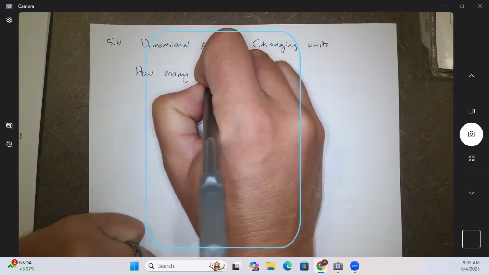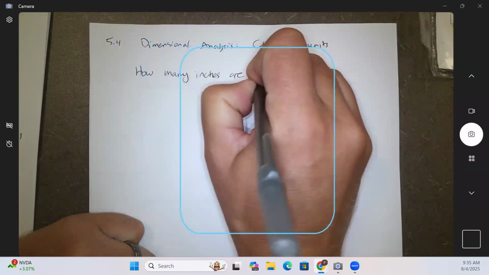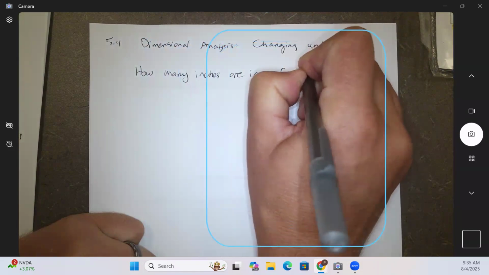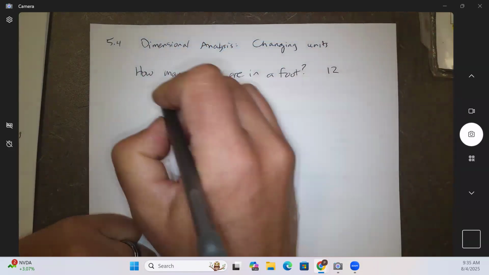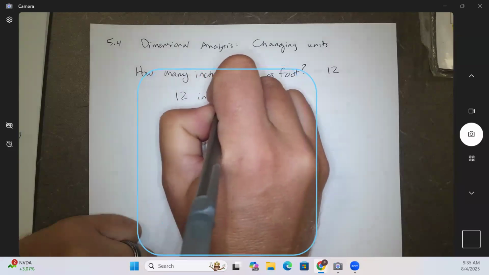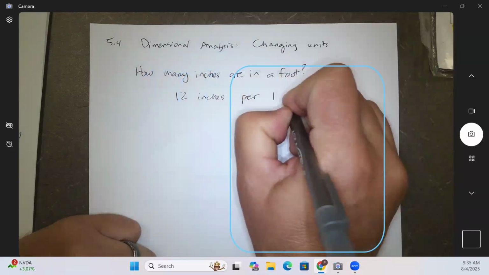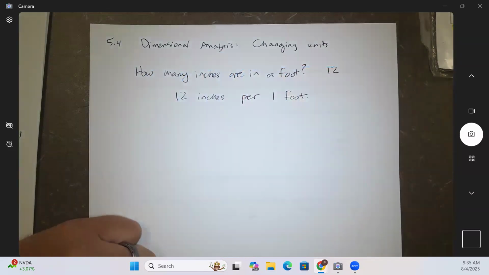How many inches are in a foot? 12, great. So you'd say 12 inches for 1 foot. That's a good start.